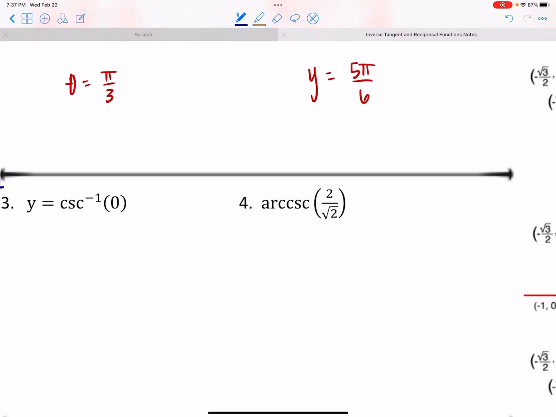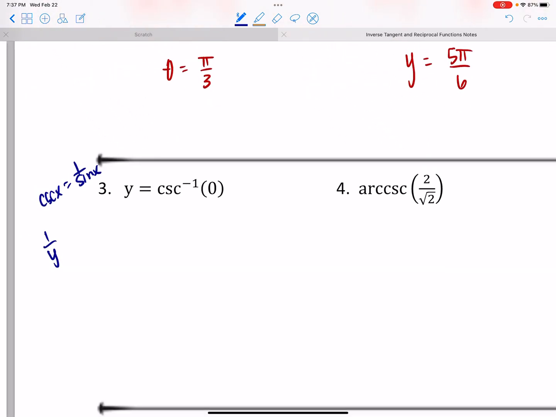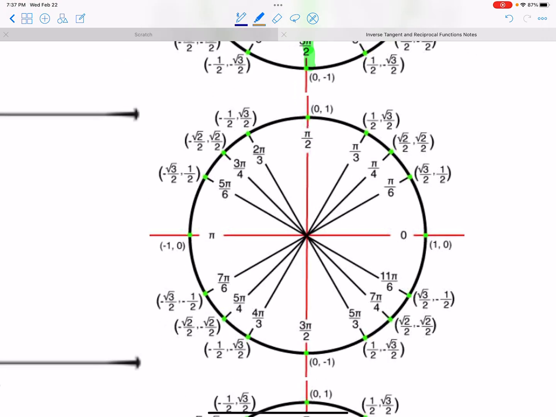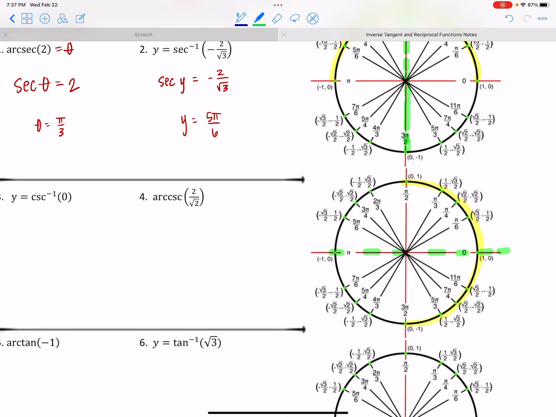Alright, so now, because this is the reciprocal of sine, let's go over here and remember the range. We want to make sure we're in the right range of angles. So sine, if you recall, goes from negative pi over 2 to pi over 2. Its reciprocal does the same thing. The only issue is there's an asymptote in the middle. So that's going to be the range of angles that we're looking at here when we're trying to evaluate.